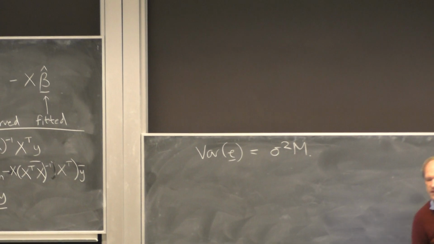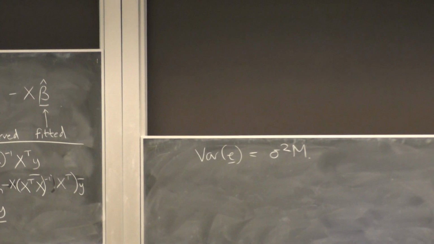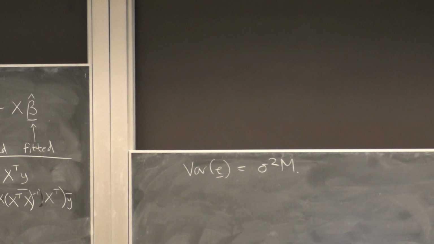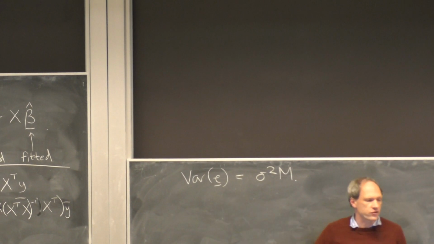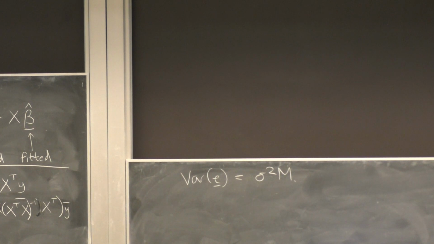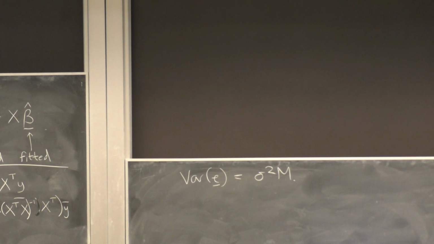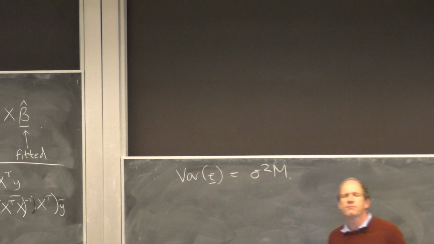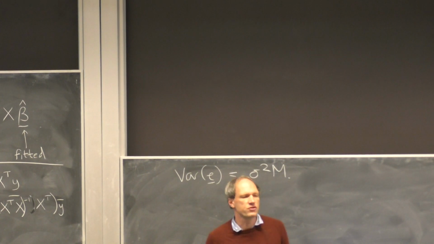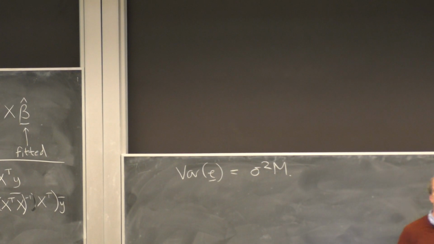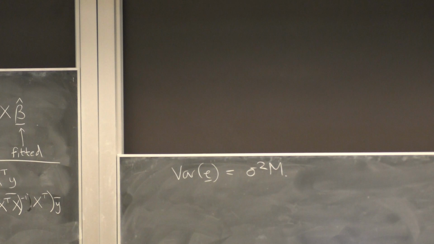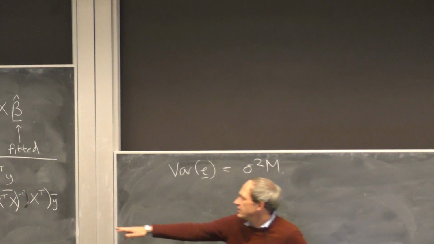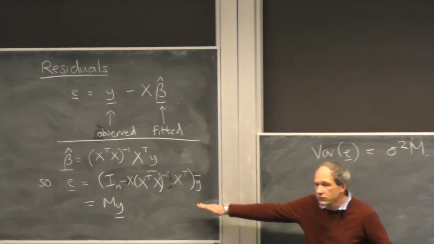Now, that means that the diagonal elements of M are the variances of the components of this vector. So they're the variances of the individual residuals. Now, we also saw on Tuesday that the means of the individual residuals are 0. And we also saw that by applying the linear transformation theory to this way of thinking about E as M times Y.